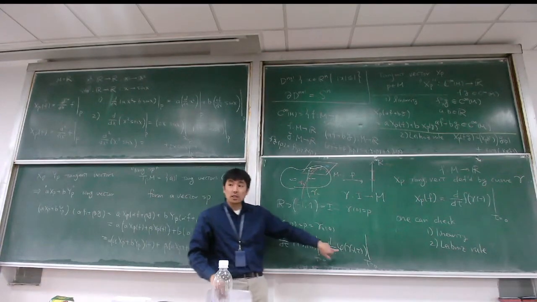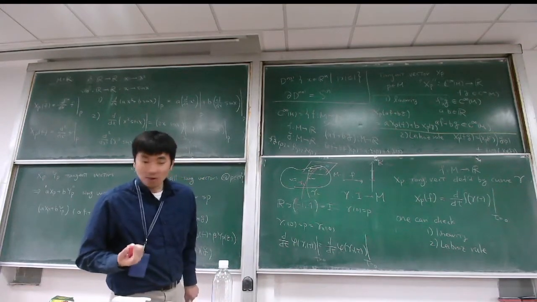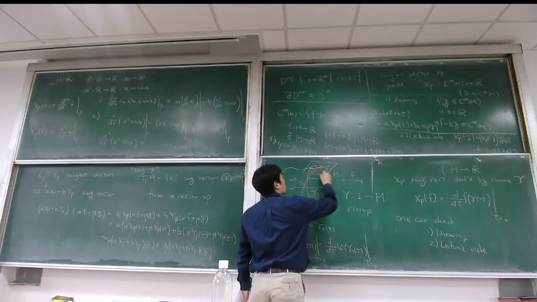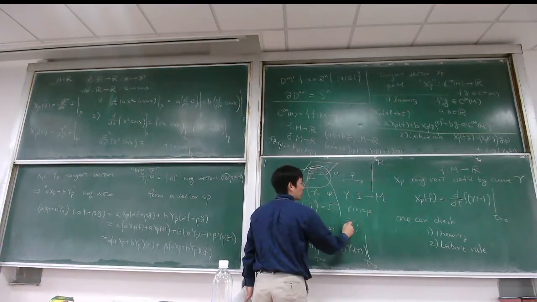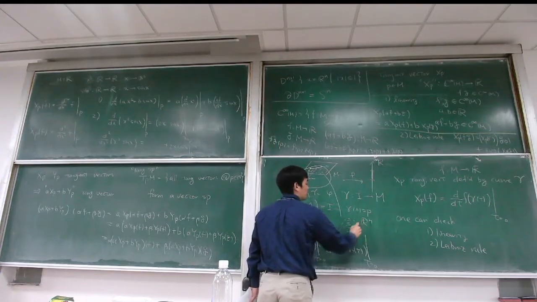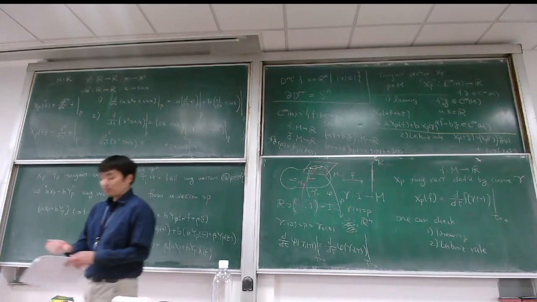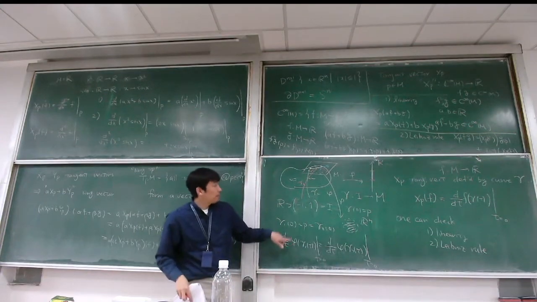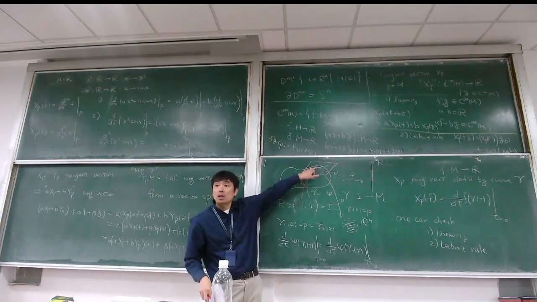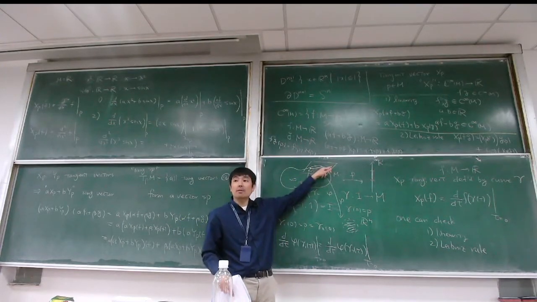They satisfy this condition. Phi is a local chart, an open chart around here, mapped to an open subset in R^n. So if two curves satisfy this condition, they define the same tangent vector.